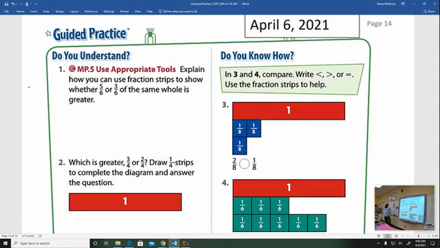How can we use fraction strips? Remember kind of those like the banners? How can we use those to show which one's greater? We can make a whole and then put 5/6 and 3/6 and see which one is closer to the whole. There you go. Okay, so we could do that.